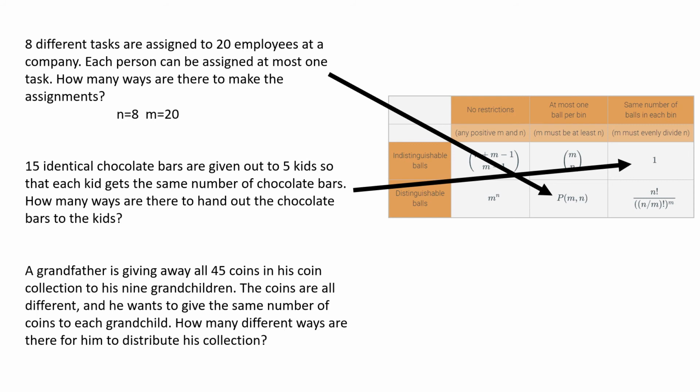So we would be on the bottom line of distinguishable balls, and we want all of the children to have the same number. So we'd be over on the right column. So that would be this one here. And notice we could do this with the 45 coins. We can distribute that equally to 9 grandchildren.